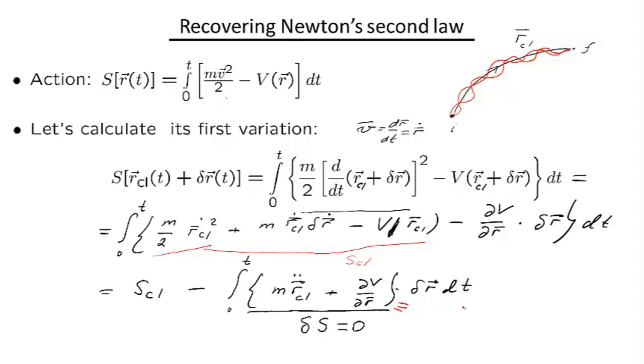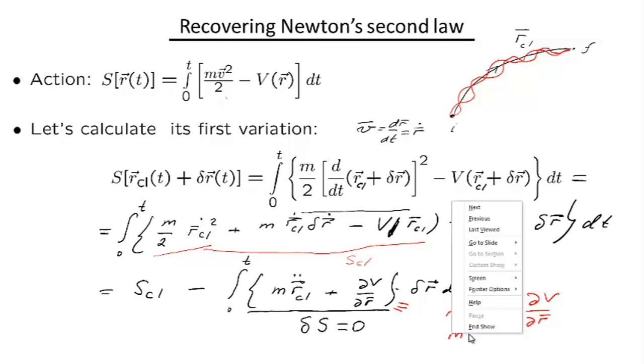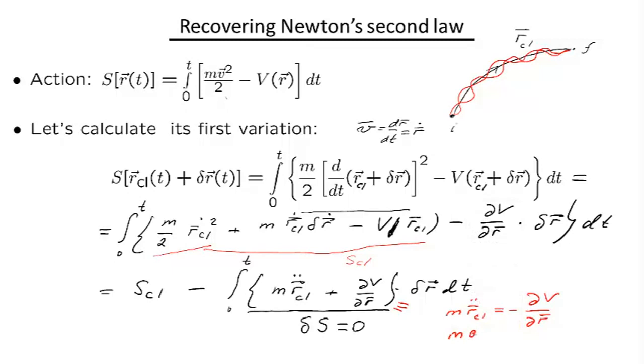If we write it, we get m r double dot is equal to minus dV over dr. The second derivative of the coordinate is known as the acceleration, so the left-hand side is simply m times a, and the right-hand side is minus the gradient of the potential energy, which is the force acting on the particle.